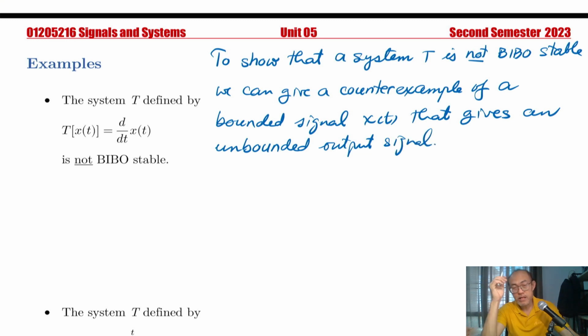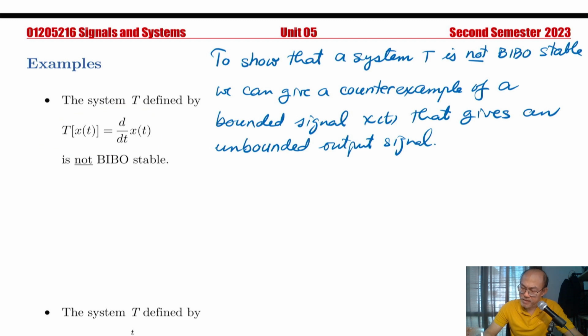Okay, to show that something is true, you have to show it for every case, right? But to show that something is not true, you can give a counterexample, at least one case that makes it not true. Okay, so now let's get back to our example here.